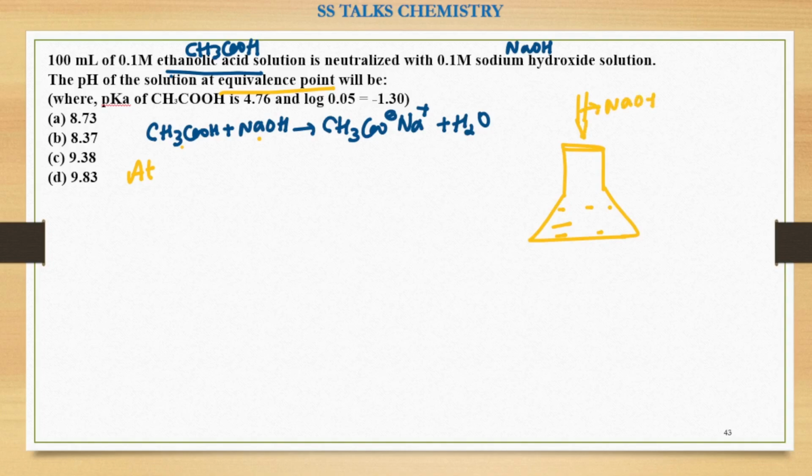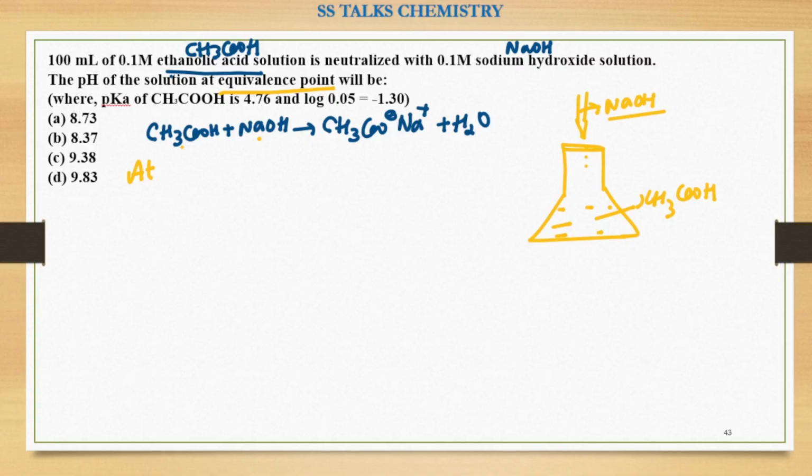At the equivalence point, all the acetic acid reacts with the NaOH, and after the equivalence point, going towards the end point, further NaOH is added to the conical flask.